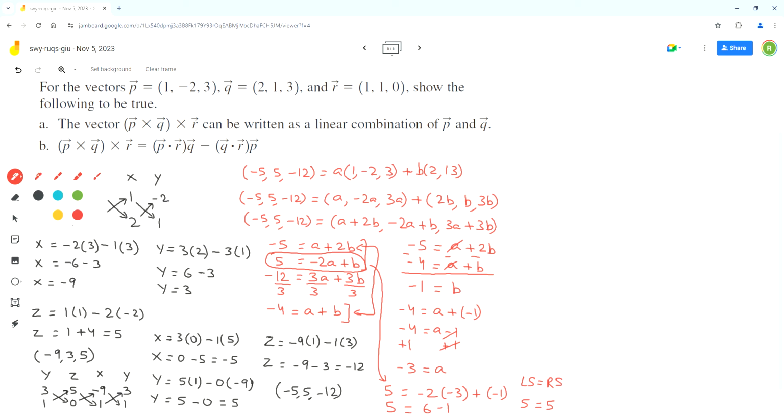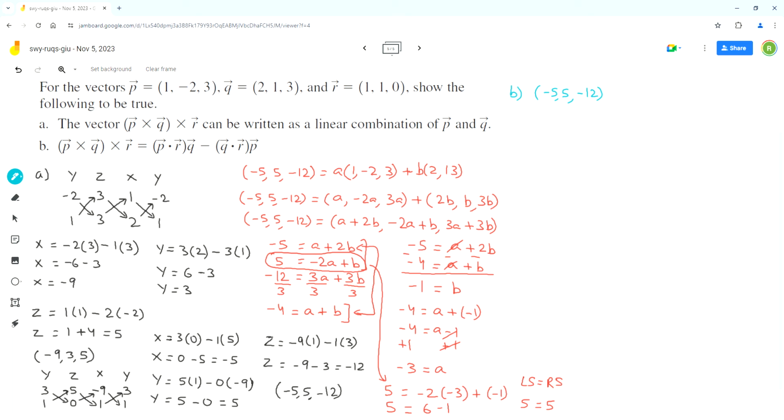In part B, we have to prove that P cross Q cross R is equal to P dot R times vector Q minus Q dot R times vector P. We have already found the cross product of vectors P, Q and R, which is vector -5, 5, -12.